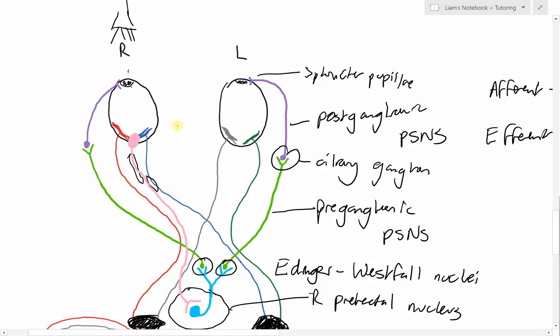pupil to constrict. We can also get something though where we shine the light into our right eye.